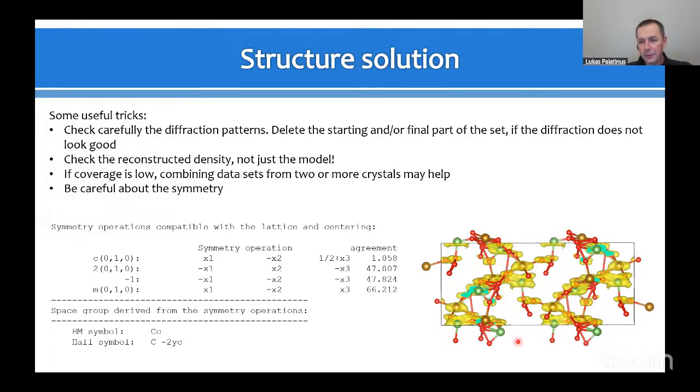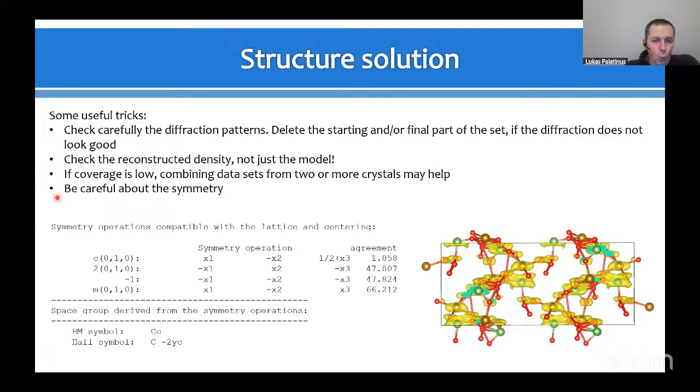It's barely recognizable that this is a real structure. But if you look at the maxima in the potential, you will see after some consideration that the structure is actually there. This is a part of an FeO6 octahedron. This is part of an arsenate tetrahedron. So basically the structure is there. It's only the interpretation that failed.